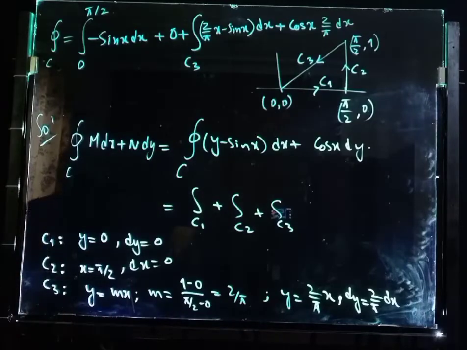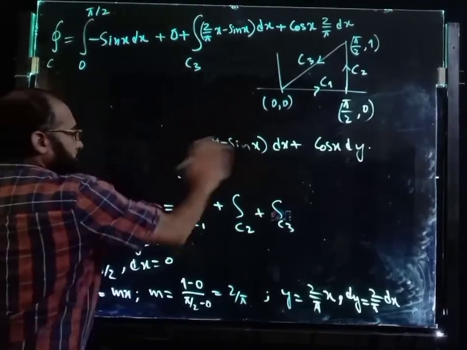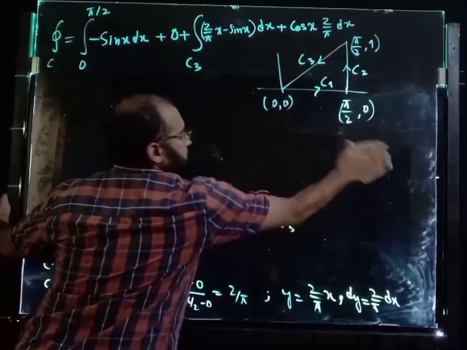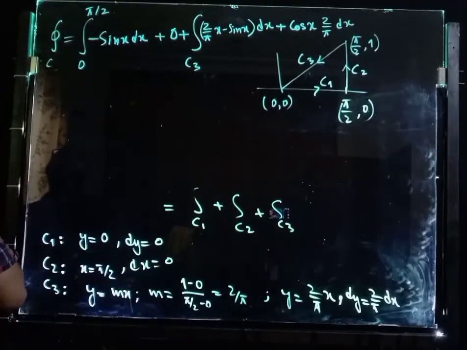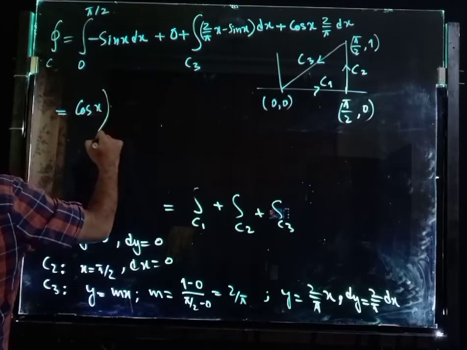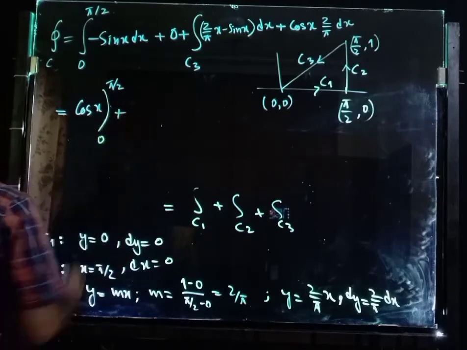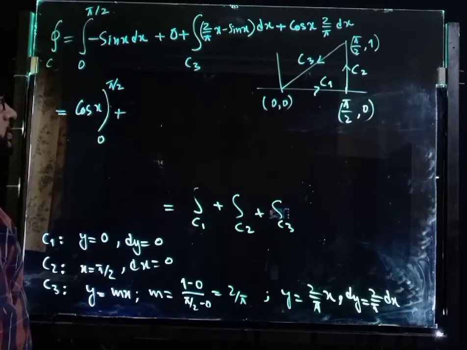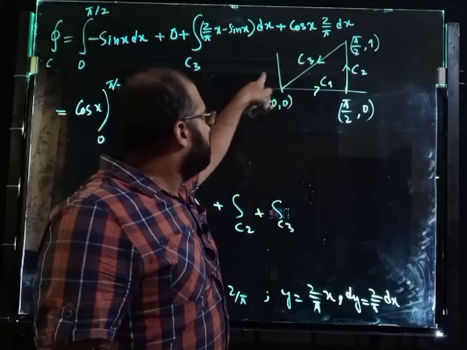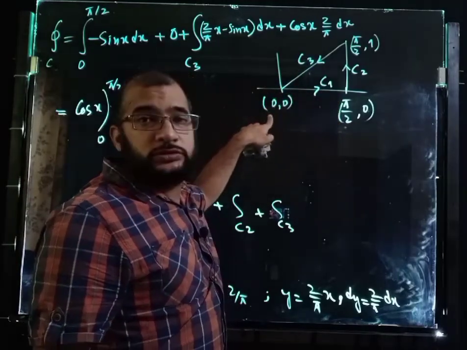So dear student, I can write here the integral of cos x from 0 to pi by 2. And what about C3? C3 is in this direction, so it means from here to here, from pi by 2 to 0.